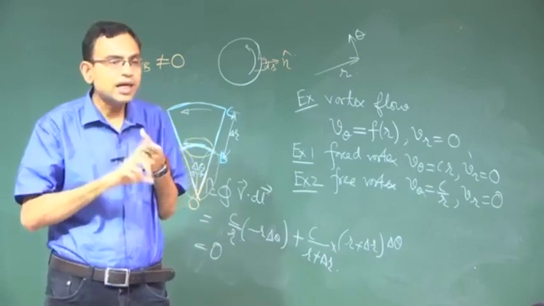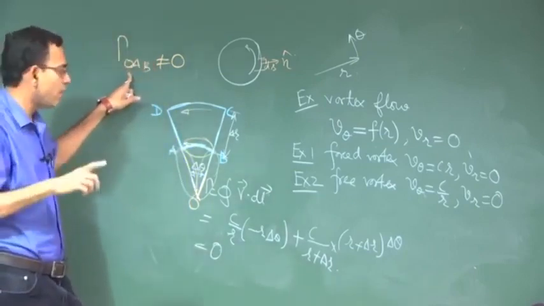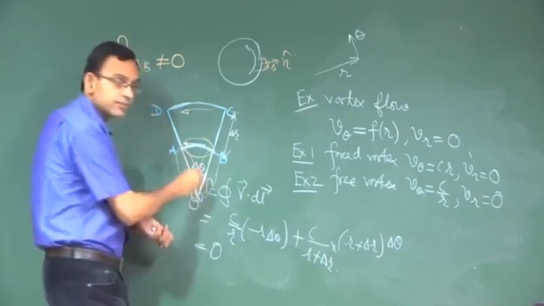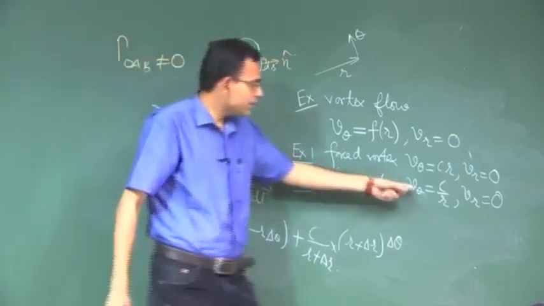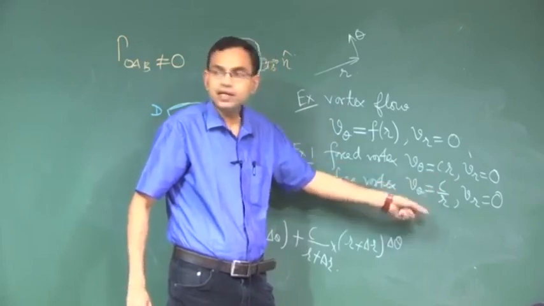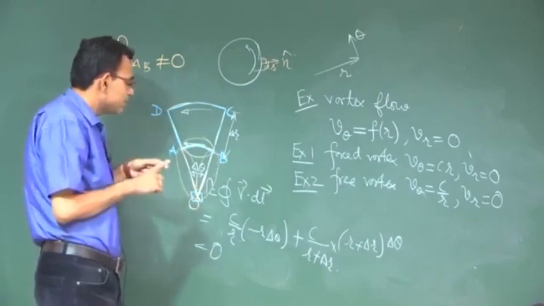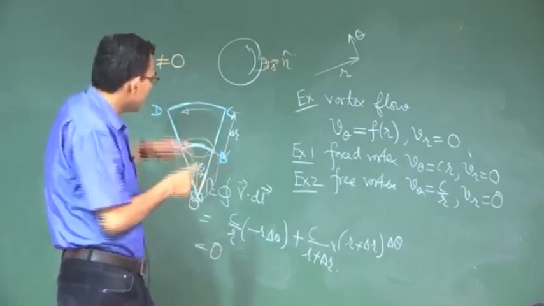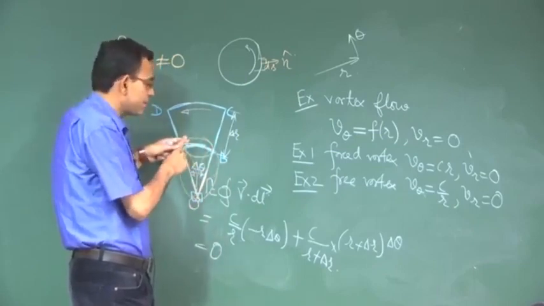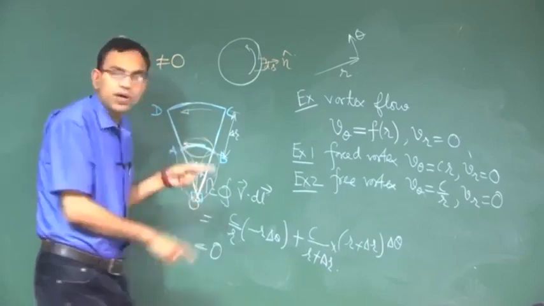So, there is a technical flaw in calculating this circulation. The technical flaw is that this point O is a point of singularity. What is a point of singularity? You see, v theta is equal to c by r. So, as r tends to 0, v theta tends to infinity. So, the rule is that you can consider any contour in the domain except for a contour that contains or includes the point of singularity.